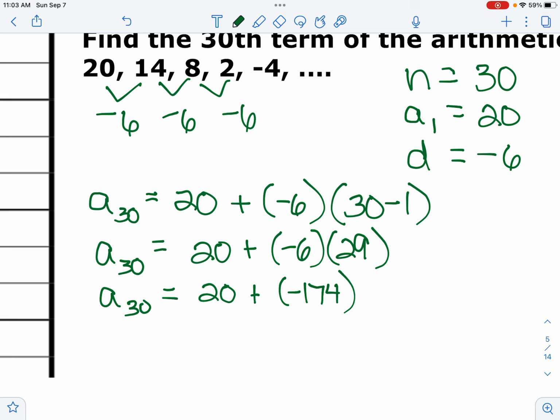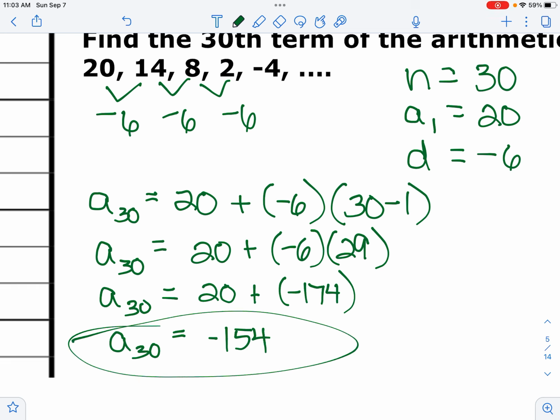And now if I add those two together, I've got to add 20, right? So now 20 plus negative 174 will be negative 154. So the 30th term is negative 154.